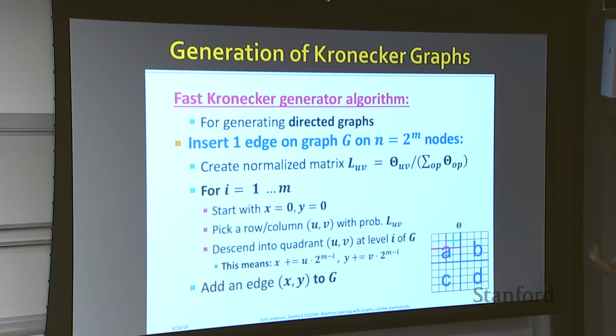So if you know that you want to generate a social network graph, then you will take a look at a few other graphs, see what is the ratio between number of nodes and number of edges, and then rely on that and do something similar here. So it's driven by that. And again, it's really the only way to go, because after a certain size, you cannot afford anymore to do the deterministic version of that.